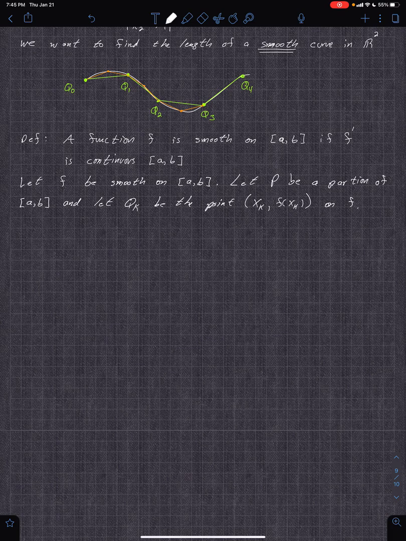So it's going to start looking like this. Let's do a general graph. Here's x, here's y. And we're looking at maybe the length of that curve.